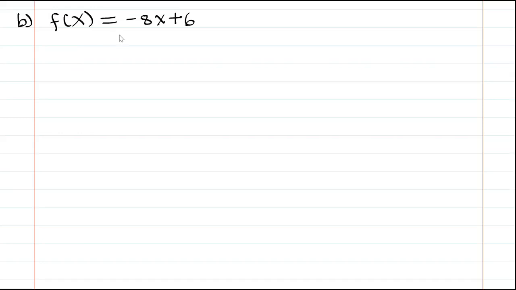And now going to part B, we are finding domain and range. So the domain for this linear function will be, if you look at this, for any real value of x that we put here, there is a corresponding real output value of the function f of x. Therefore, the domain is a set of all real numbers.